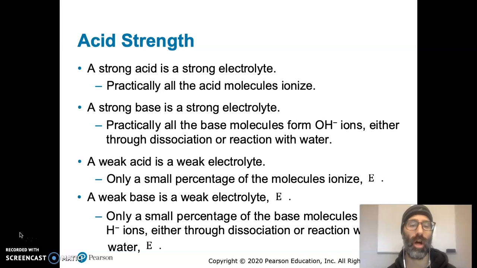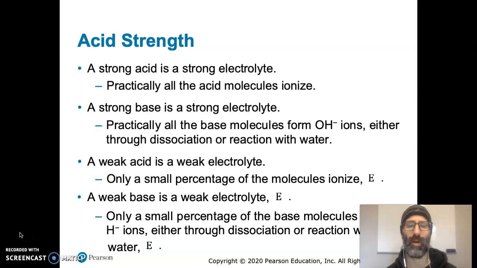So a strong acid is a strong electrolyte. And electrolytes, again, are substances that become ions or produce ions in water. We call them electrolytes because they're positive and negative ions, which allows electrical current to go through the substance.